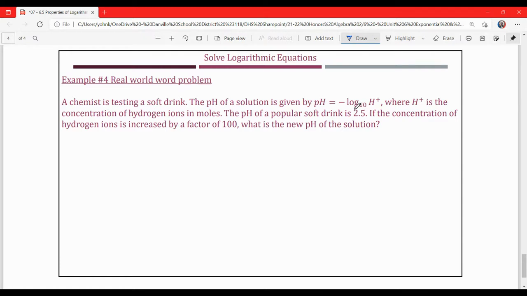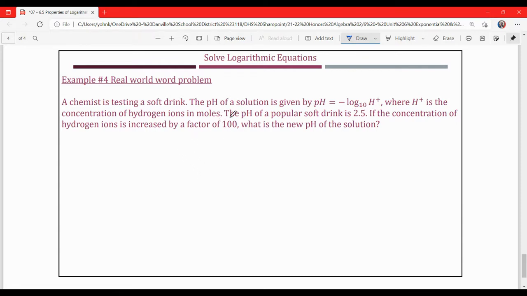If the concentration of hydrogen ions is increased by a factor of 100, what is the new pH of the solution? Okay, so what we can do is figure out how many hydrogen ions there are in this soft drink, and then we can increase it by a factor of 100 and figure out what the pH is.